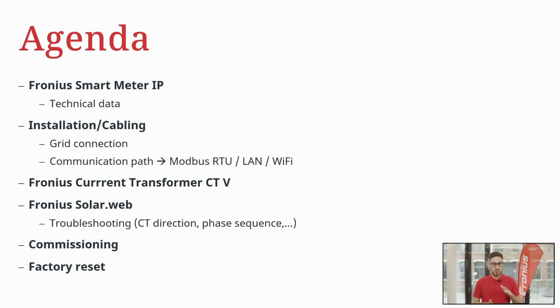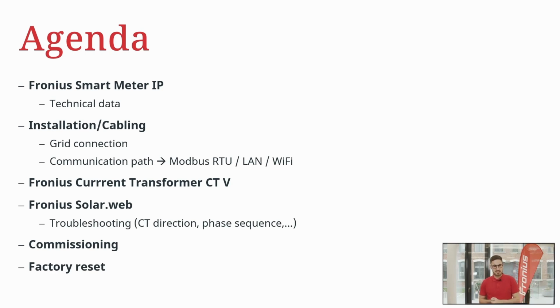Therefore, we will go through the grid connection and, of course, the communication path via the Modbus RTU connection, as well as the LAN and the Wi-Fi connection. In the next step, we will jump to the current transformers, the CT V transformer. We will have a look at the special things that you have to pay attention to when you're using the current transformer.